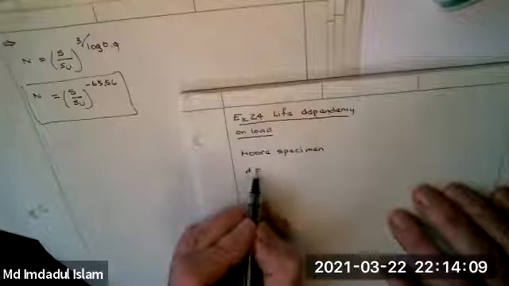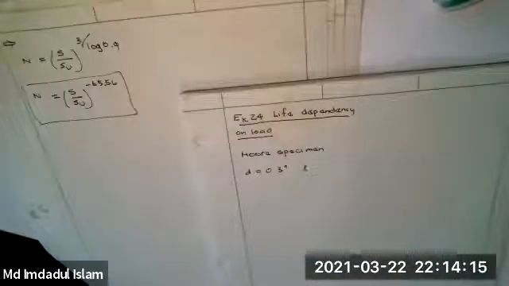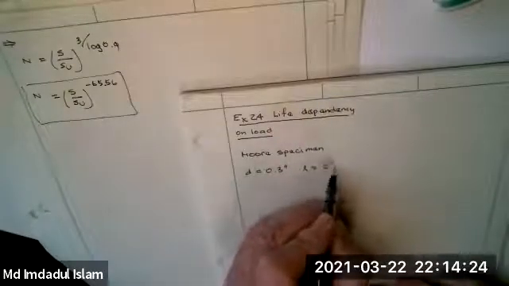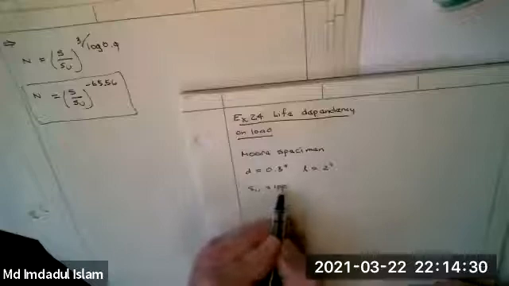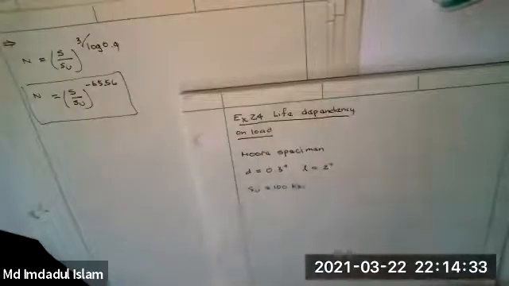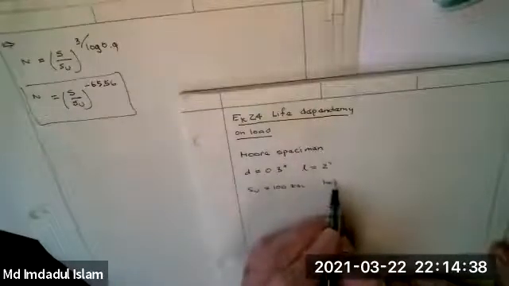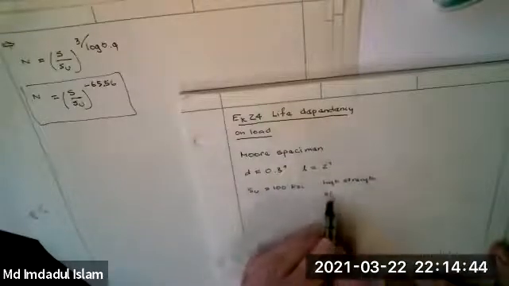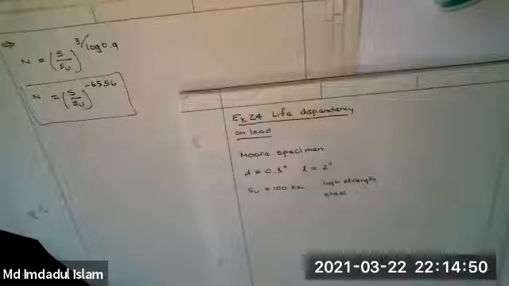So the diameter of the shaft is 0.3 inch. If you remember the formula for the maximum stress, it was W little L, so we need to know what little L is. We don't need to know what big L is, although it's typically not less than 1 inch, but little L is 2 inches. We're going to have a high strength steel. It might be something like 1045 in a hot rolled condition or something like that.